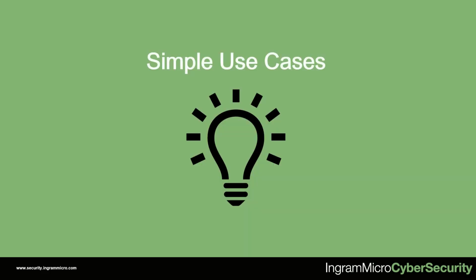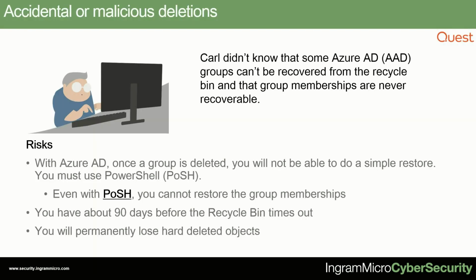Let's have a look at some of the use cases related to the Microsoft environment. In this example, Carl is an IT admin and an expert on on-premise Active Directory. However, working on Azure AD is a new experience for him. What happens if Carl accidentally deletes a security group configured on Azure AD?